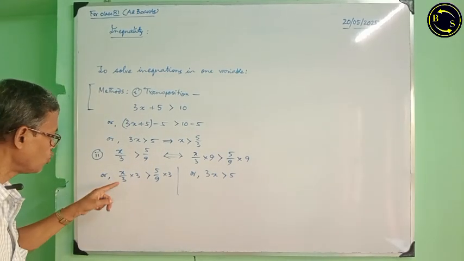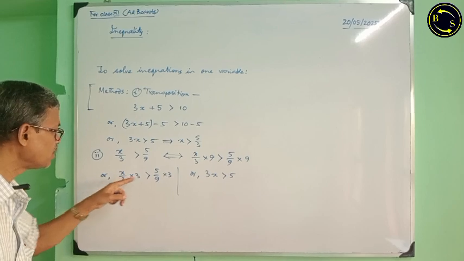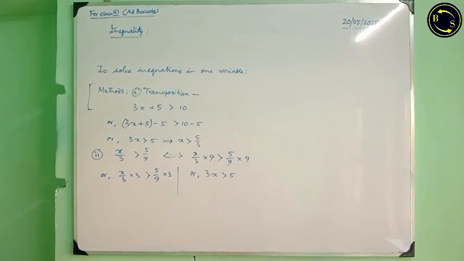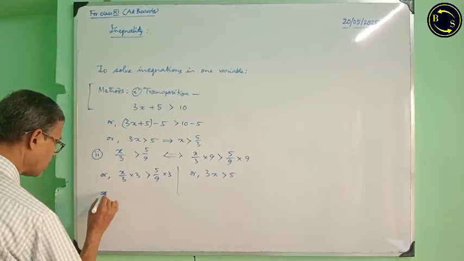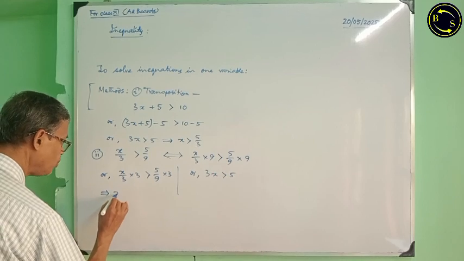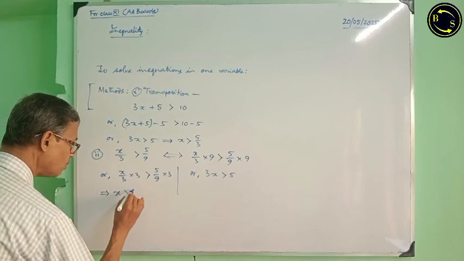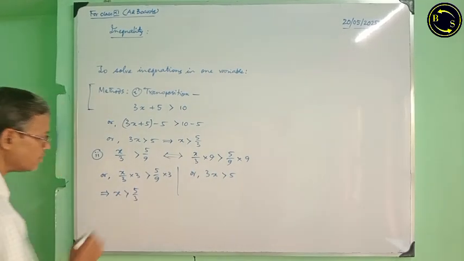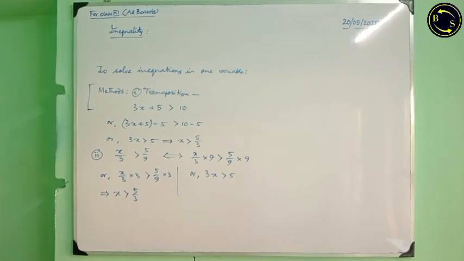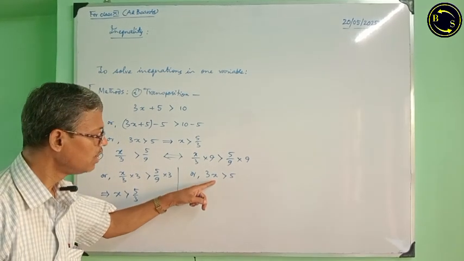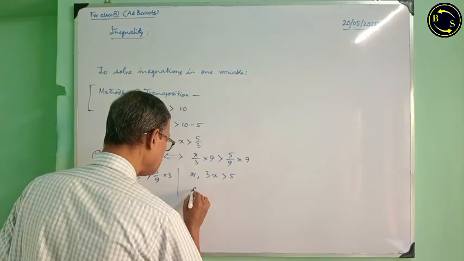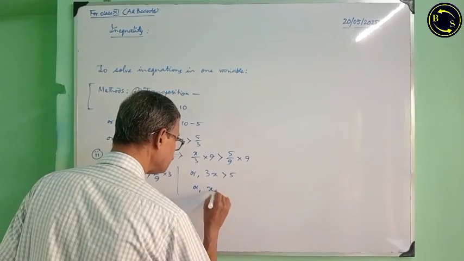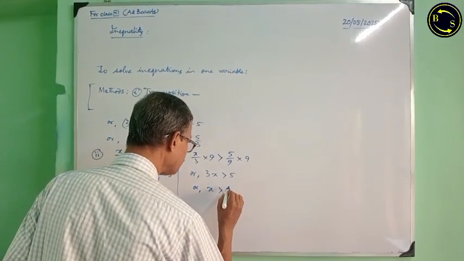Here, to remove this 3, I have multiplied both sides by 3. That means the next step will be x greater than 5 by 3. Now to get x, the next step will be dividing both sides by 3.